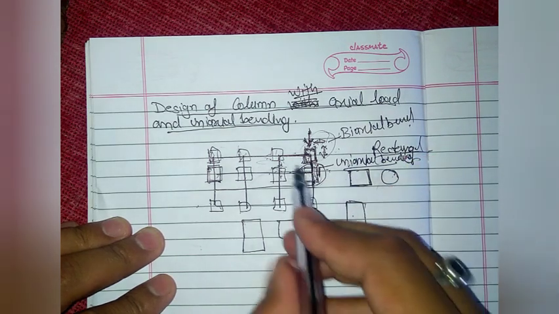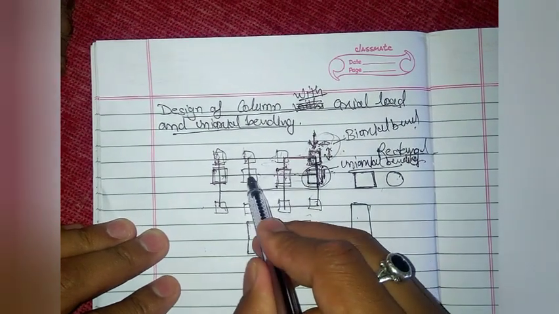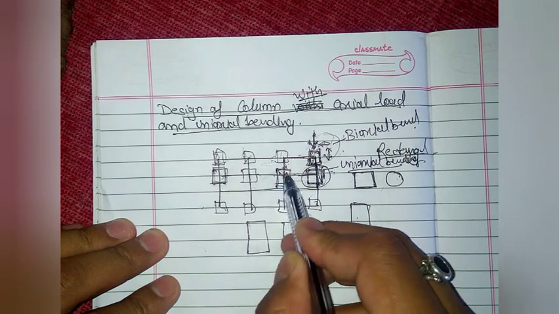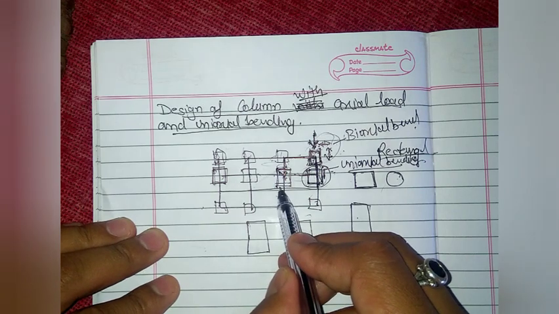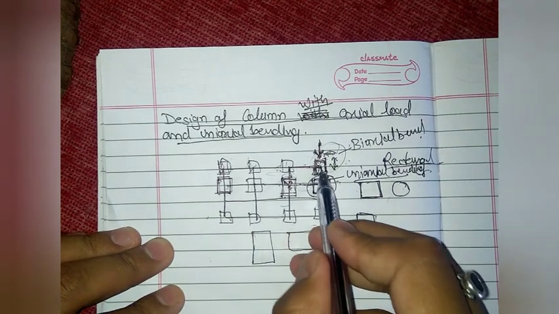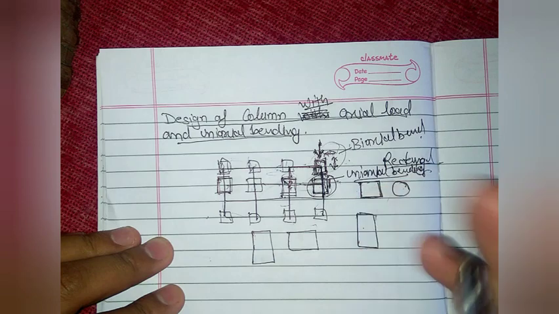Okay, but if you look at this column, it will have just axial loading here. It will not experience any type of bending here. So we can see from here that in this frame structure we need to design the column in three manners.